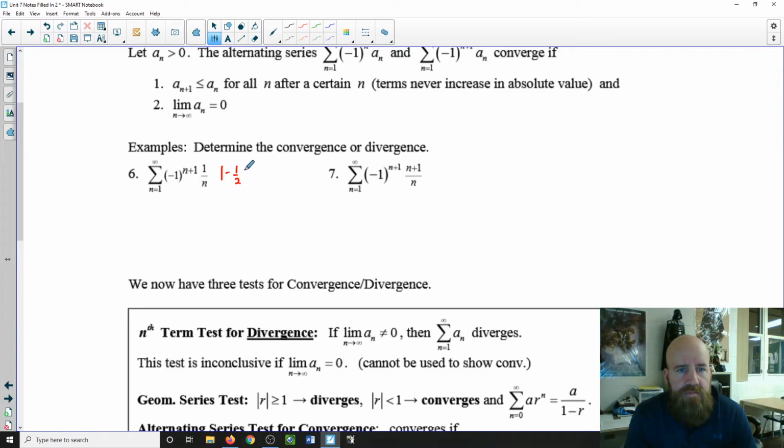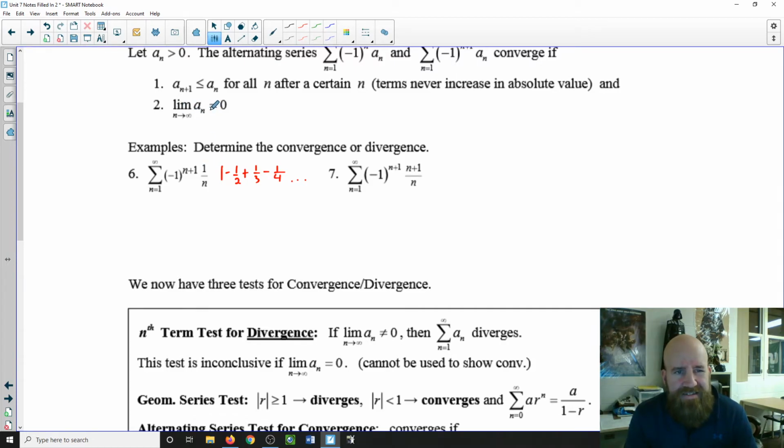And then we get a positive 1/3, a negative 1/4. So just listing out the first 4 terms, we can continue on. But we see that we're getting smaller, okay? So each term is smaller than the previous one. So that meets the first condition.